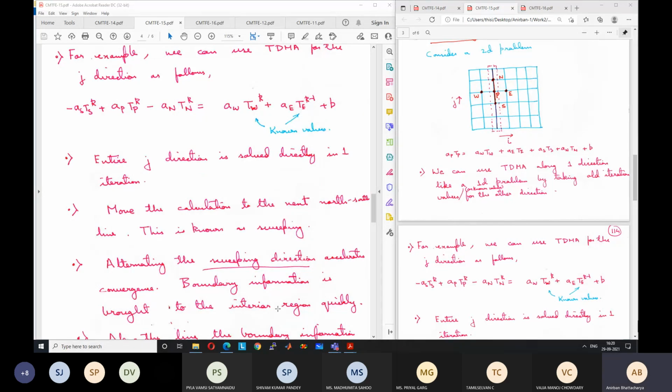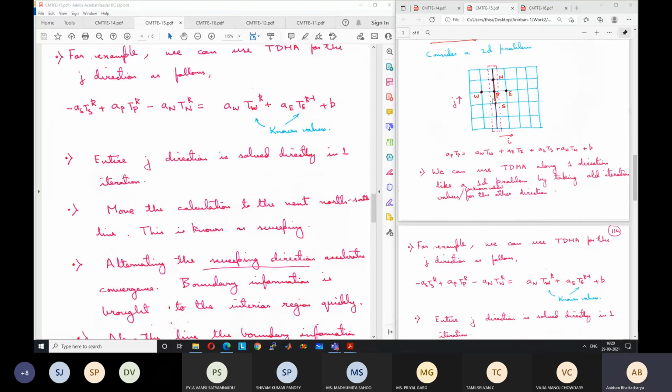For all the internal grid points, it passes in one iteration, unlike the Gauss-Seidel or Jacobi method, which was passing 1 point by 1 point. In one iteration here, information will pass to all the internal points in this direction. But in the other direction, where you are using the iterative values, the information passes 1 point at a time.